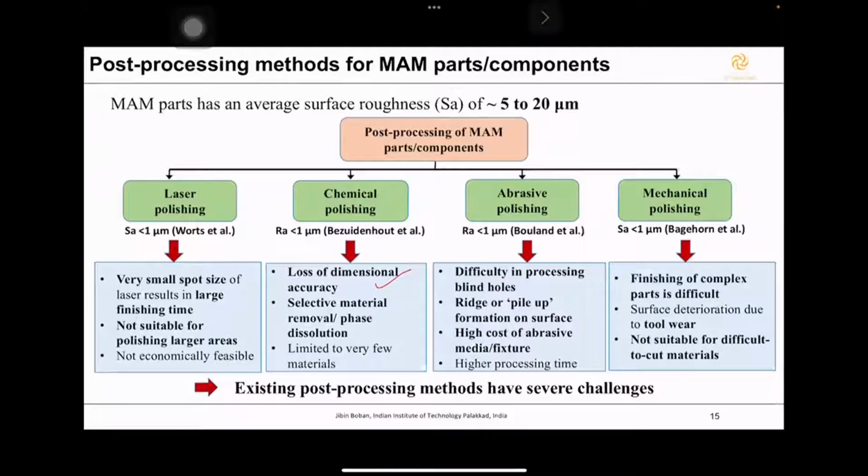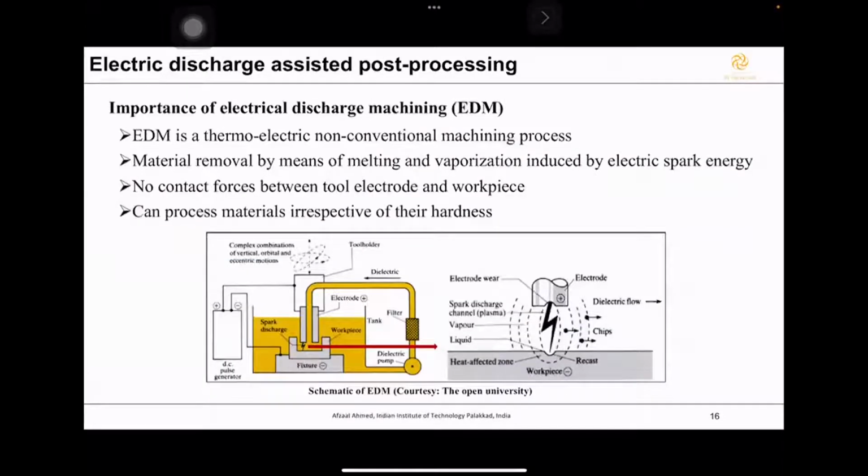If you see, all these existing methods, which have been there for at least a decade, have these challenges associated with them. So what is the better way to go ahead, and how can we counter all these challenges in some way? We started research in exploring the wire electrical discharge method. EDM, we all know what EDM is.